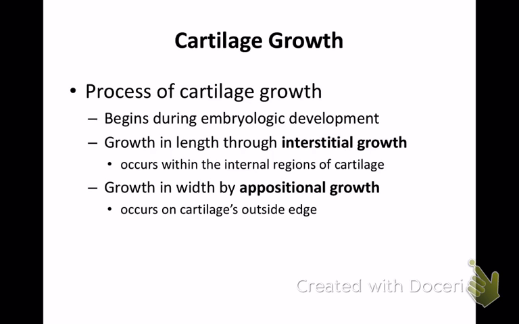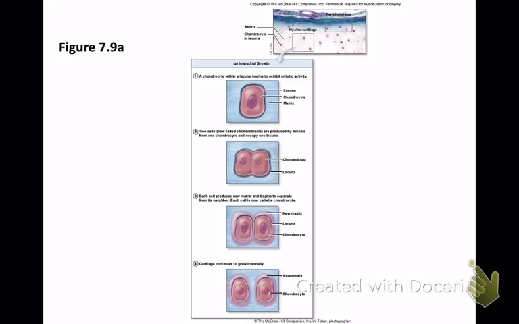And interstitial growth can only be done in growing cartilage, not within cartilage that's mature. Any questions about that? Okay, so here you see a diagram. What kind of growth are we seeing in this series of diagrams? What are your choices?